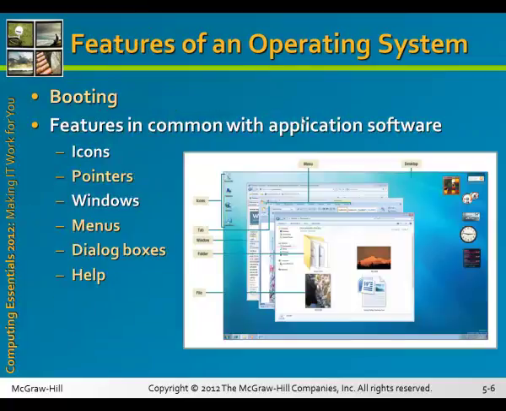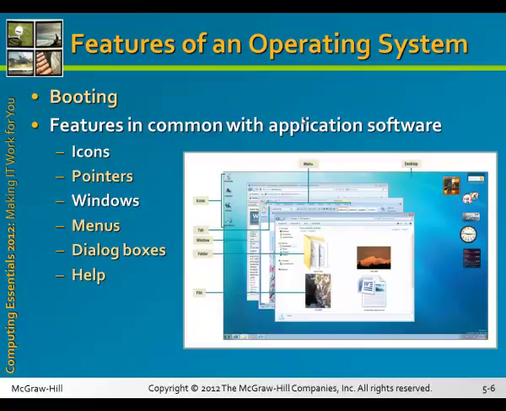Features of the operating system, of course, include booting. Whenever you hit that power button, it goes through loading your drivers, your video, your memory, your software, loading everything that you need as a user. Since the operating system is built on top of a GUI, you still have the same pieces as in basic or specialized applications: icons, pointers, windows, menus, dialog boxes, and help.